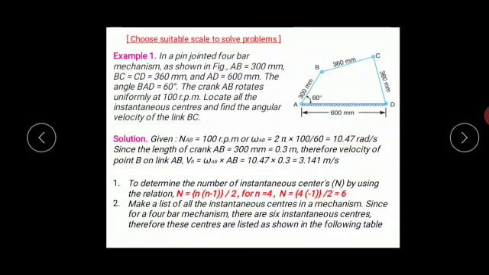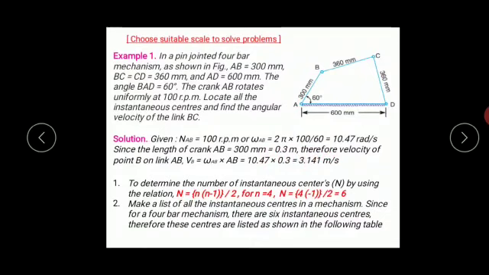We can also find the velocity of point B with respect to link BC, but we don't know the angular velocity of link BC. So therefore, velocity of point B with respect to link AB is VB equal to angular velocity of link AB into the radius. Radius is this particular distance of link AB. So it turns out to be 3.141 meters per second.